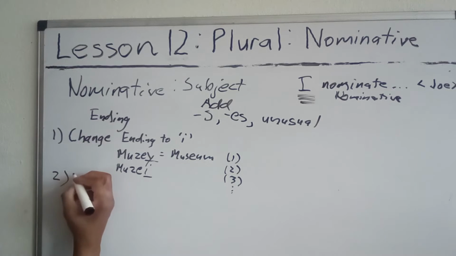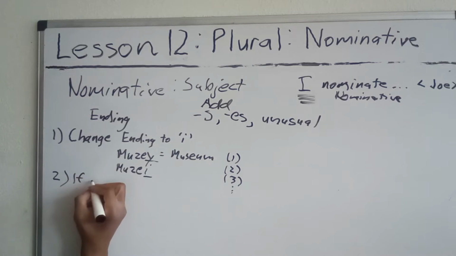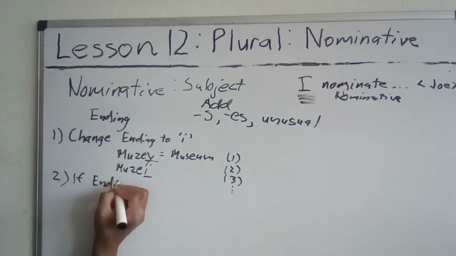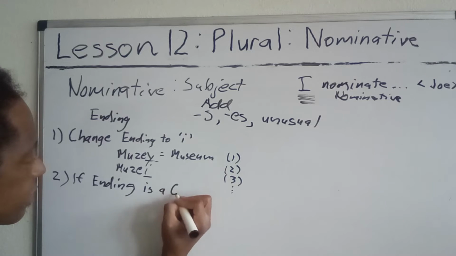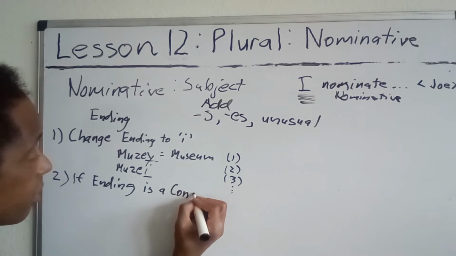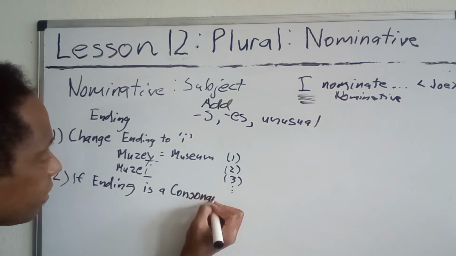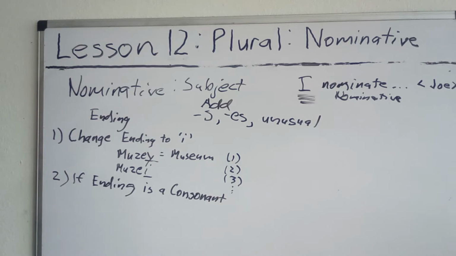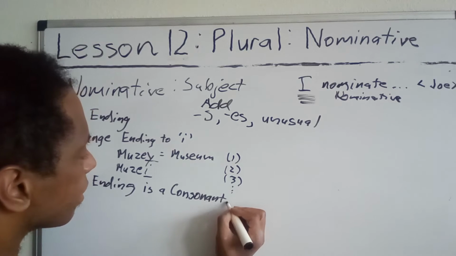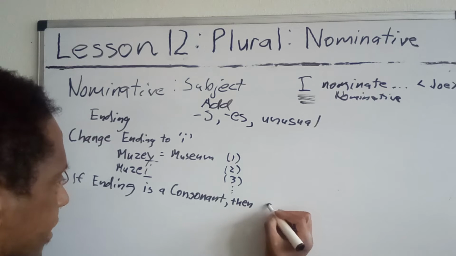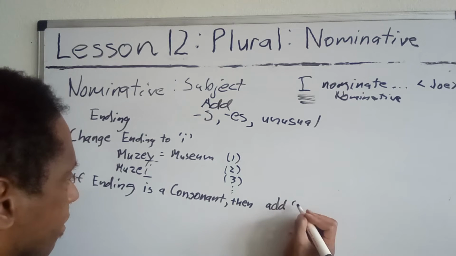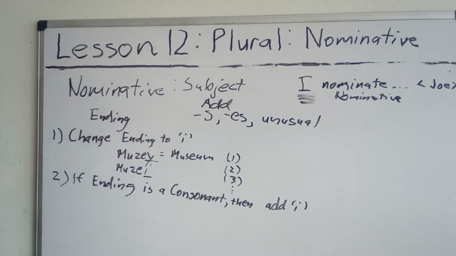If the ending is a consonant, not a vowel, anything that's not a consonant is a vowel, then add E. You add E, not change it to E, but you add E to the ending.